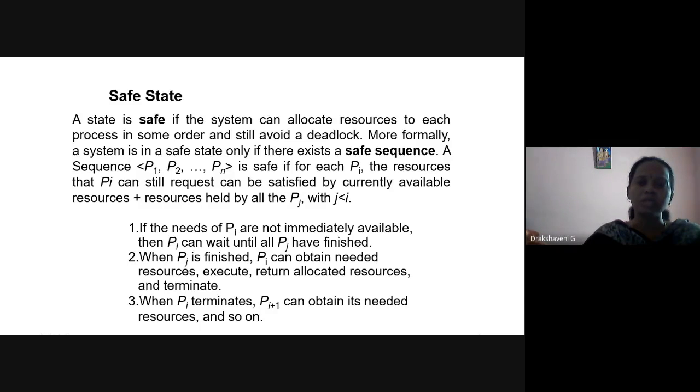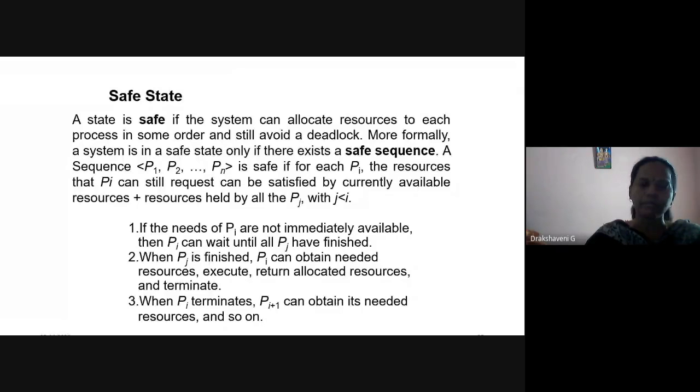So what are the three steps we see in the safe state? If the needs of Pi are not immediately available, then Pi can wait until all Pj have finished. What is the first step? Suppose I'm requesting something that is being used by Pj. Then I have to wait until this Pj releases everything.